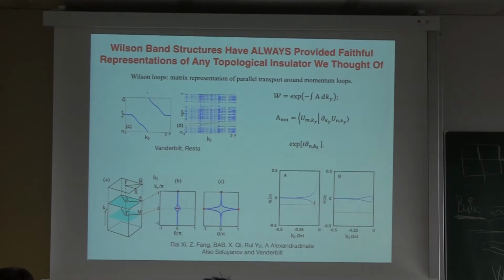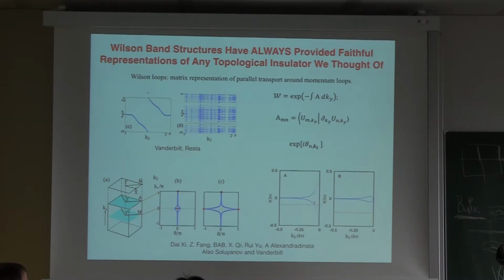So the moral of the story is that if you want to find out what the surfaces do in materials but don't want to actually cut and calculate band structures with surfaces, the alternate route is to just look at the Wilson loops in the bulk of the system perpendicular to the surface. So you ask, I want to know what my edge modes do on the 0, 1, 0 surface.